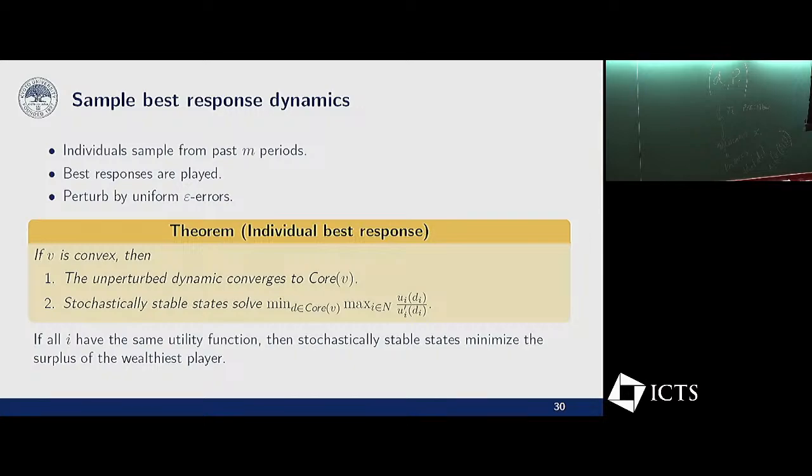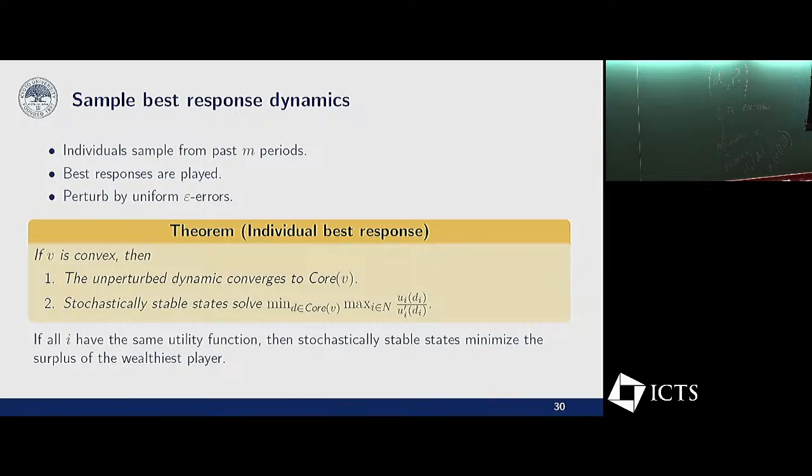So let's think about two possible processes. This one is an individualistic process. Individuals sample from the past m periods. So I look at what happened in the last m periods. I have a memory of length m.